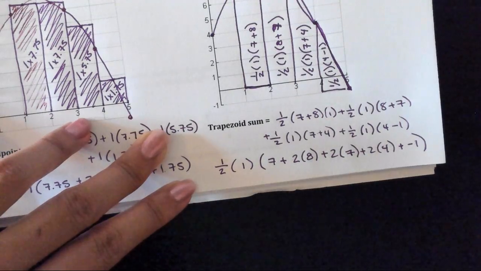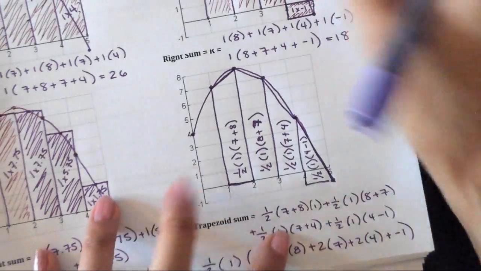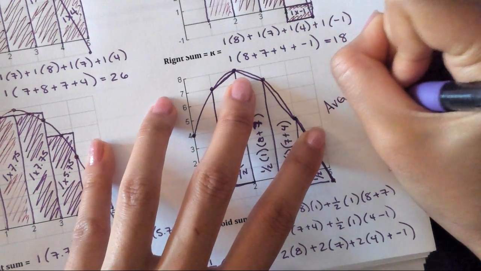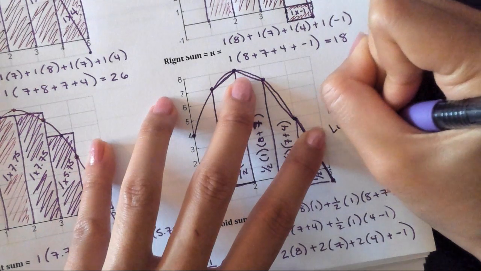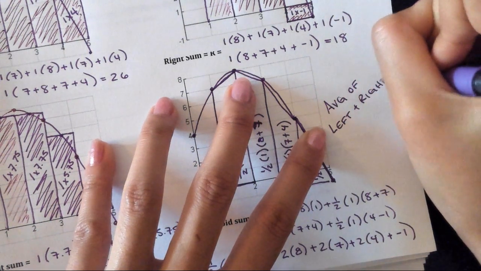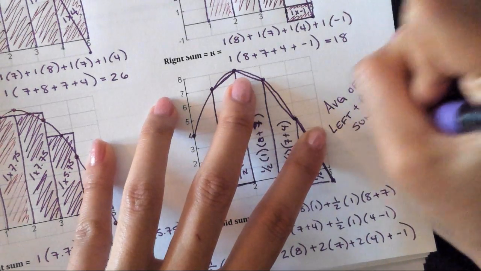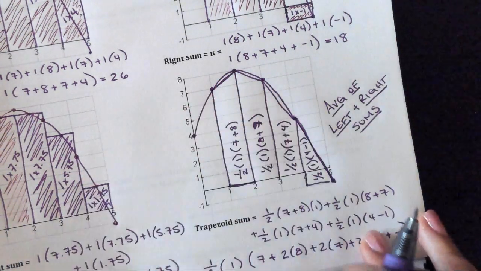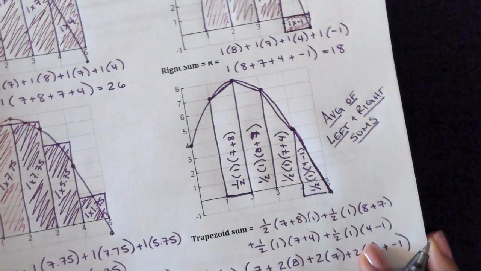Okay? So the trapezoid sum is also the average of the left and right sums. So you can also just figure out the left Riemann sum and the right Riemann sum and then average the two.